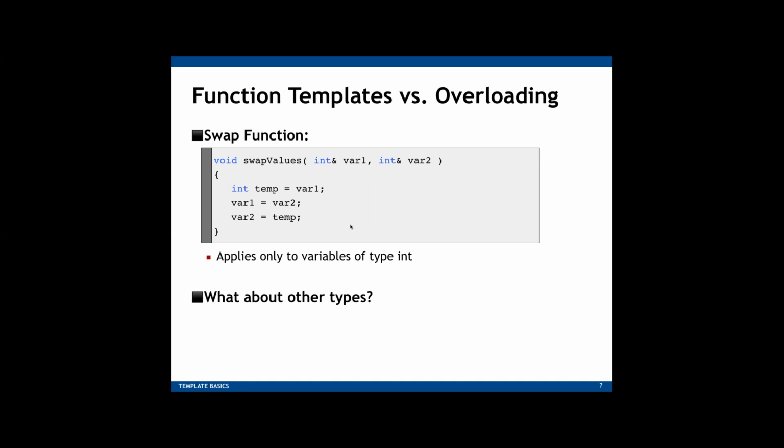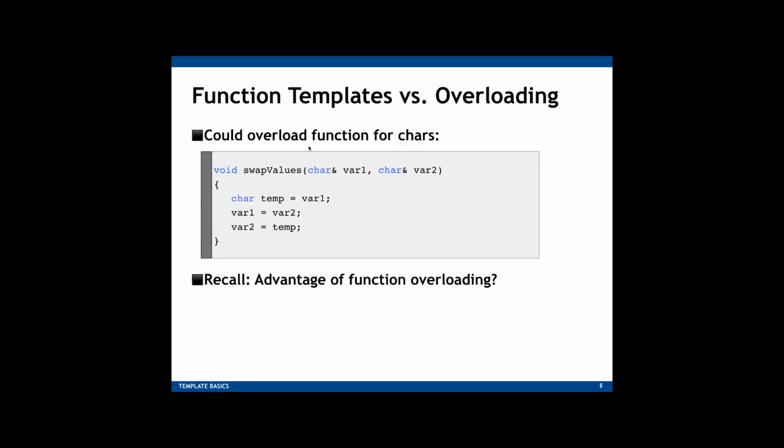So if you want to make a swap values function for character types, you have to develop another function, or you have to overload these swap values functions. For example, if you want to swap other types of values, such as char, you have to overload the swap values function like this. So here we are overloading the swap values function so that it also works for values of character types.